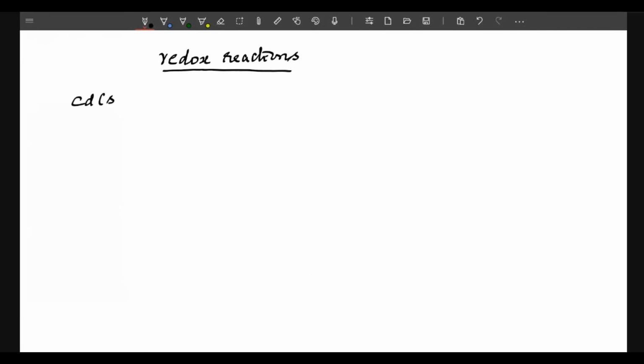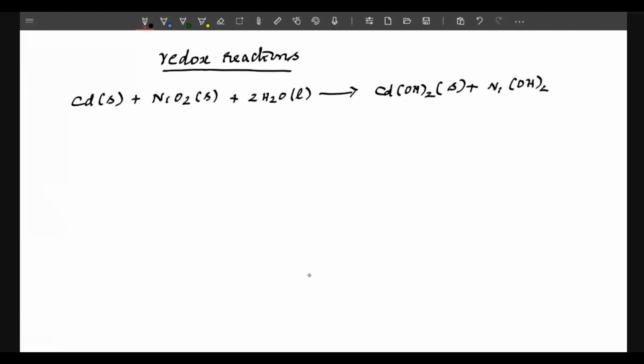Let us see whether you are well acquainted with the following reaction. Consider the electrochemical reaction: cadmium in the solid state plus nickel oxide in the solid state plus 2 water in the liquid state, giving cadmium hydroxide in the solid state plus Ni(OH)2 in the solid state.